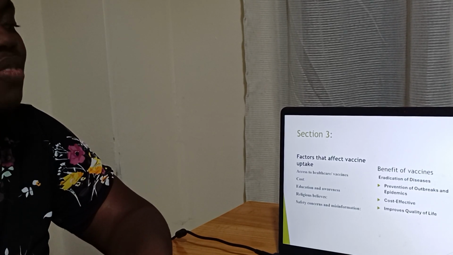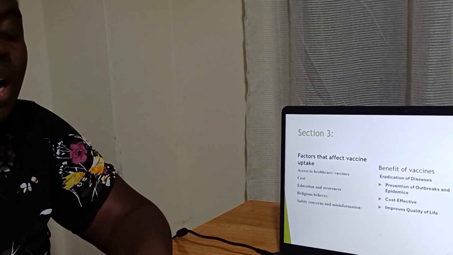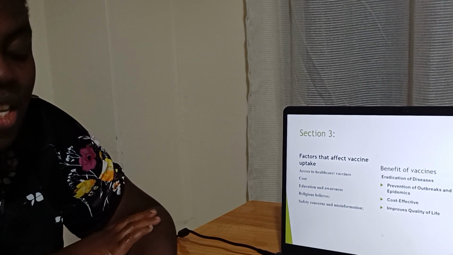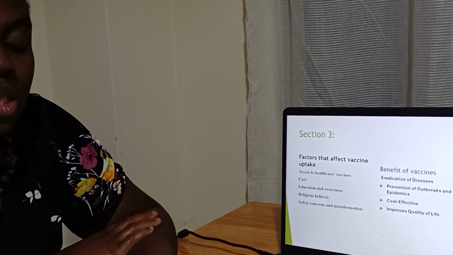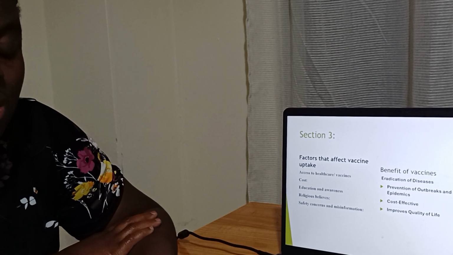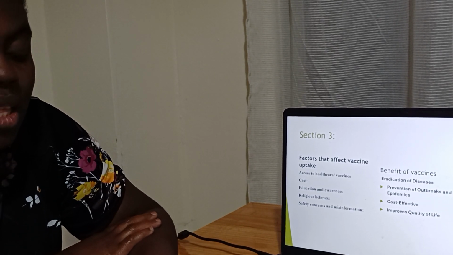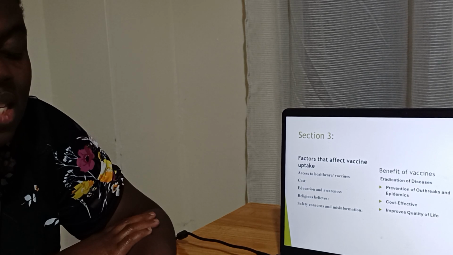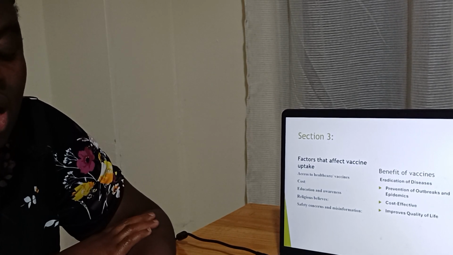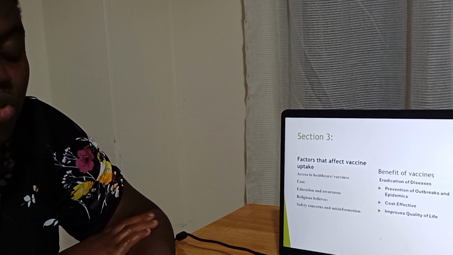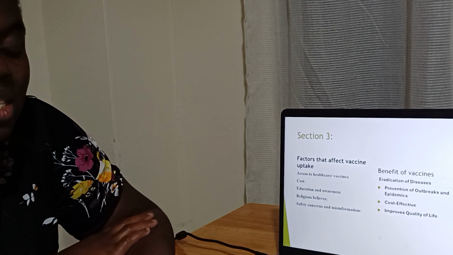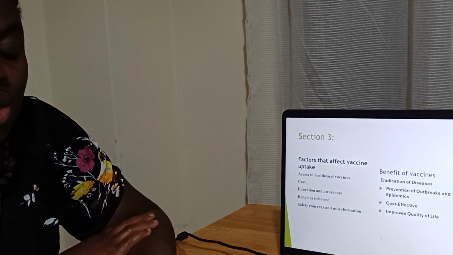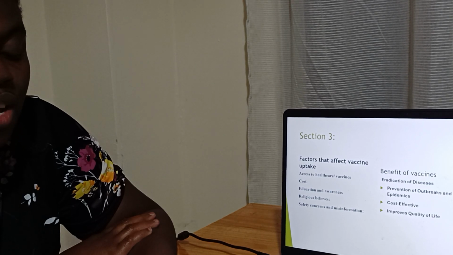Then we have the benefit of vaccine uptake as protection against diseases. So vaccines stimulate the immune system to recognize and fight specific viruses or bacteria. This process helps the body build immunity against diseases and pathogens, protecting individuals from future infection. So this suggests that a lack of vaccination would increase the risk of infection.